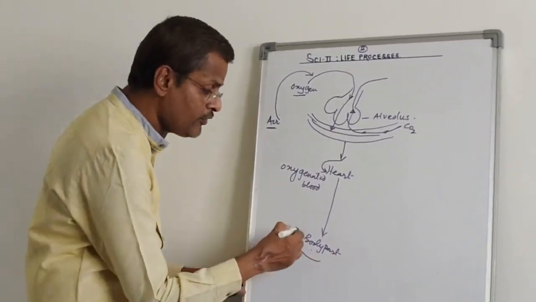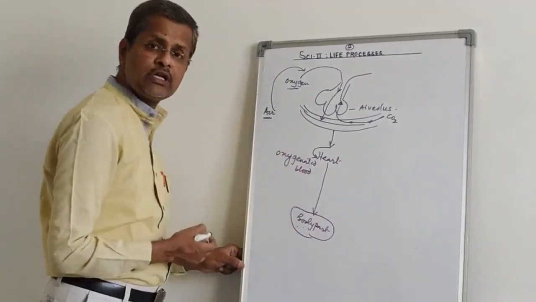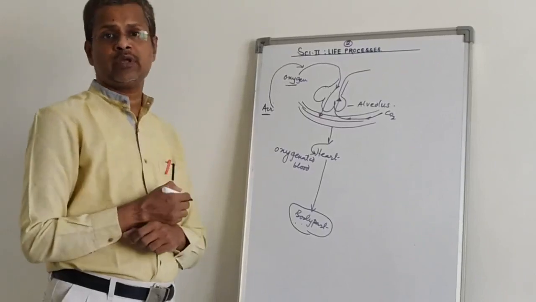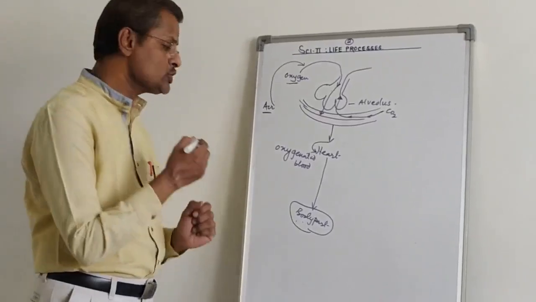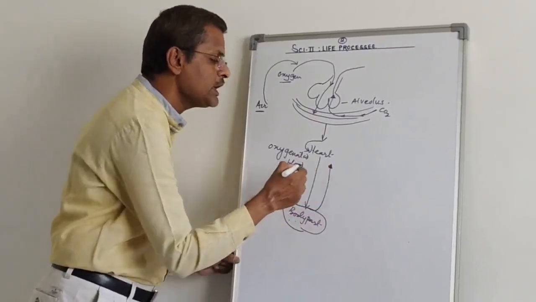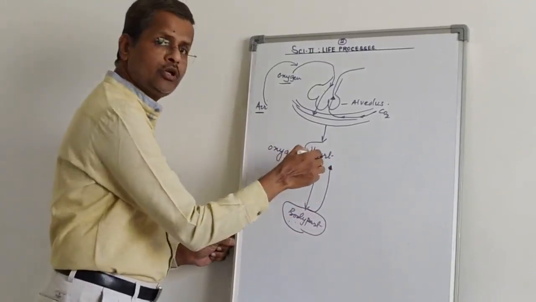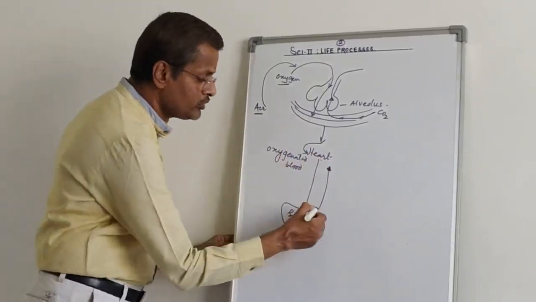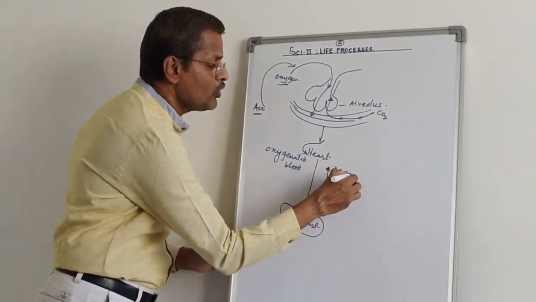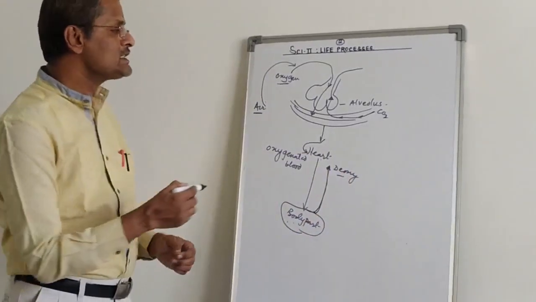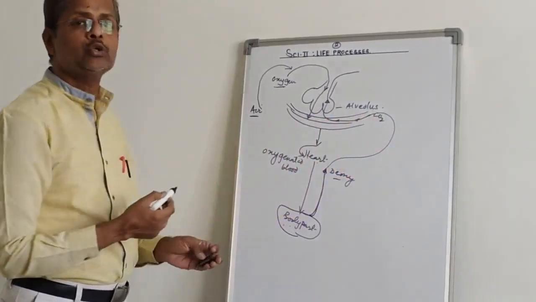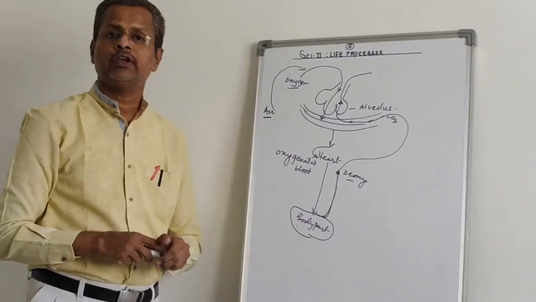Here every body part consumes oxygen for internal respiration, and during internal respiration carbon dioxide gas is produced. This carbon dioxide gas will be given once again through capillaries into the heart. So this blood together with carbon dioxide is called deoxygenated blood, and the same deoxygenated blood through capillaries goes into alveolus for purification.